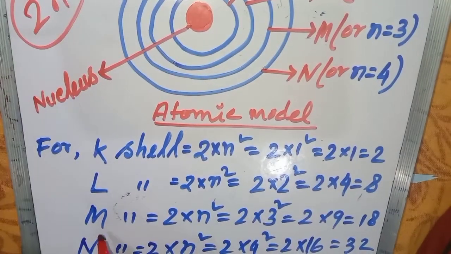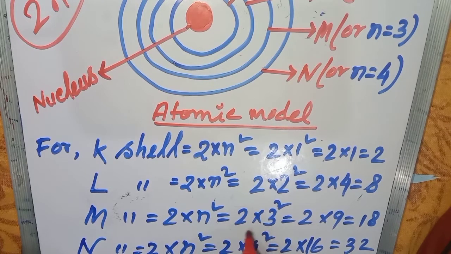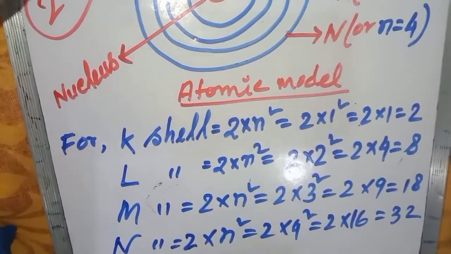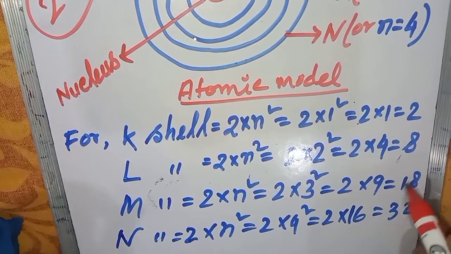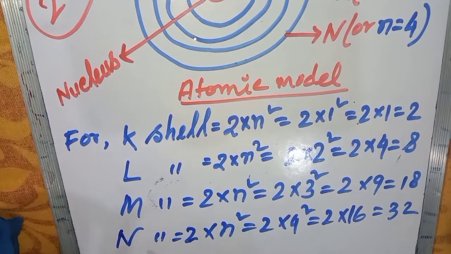Again, M shell, 2n square formula, 2 into 3 square, 2 into 9 equal to 18, the total capacity of electrons is 18. N shell, formula 2n square, 2 into 4 square, that is 2 into 16 equal to 32. That is the capacity of electrons in the N shell, 32.